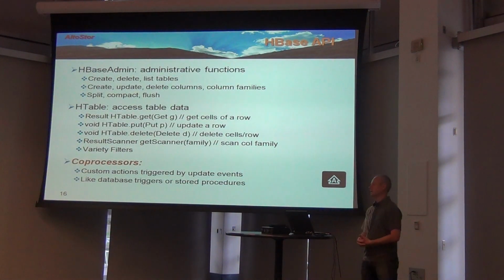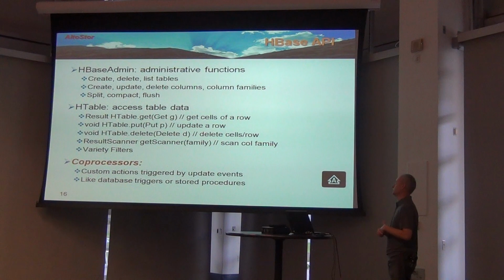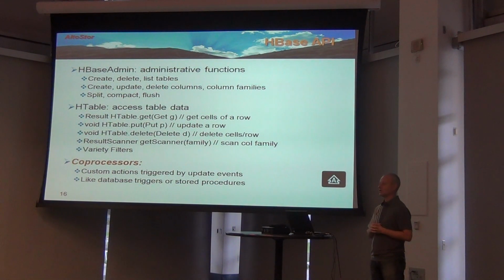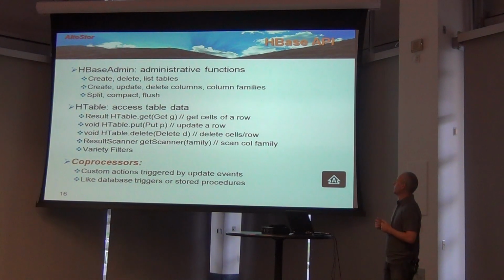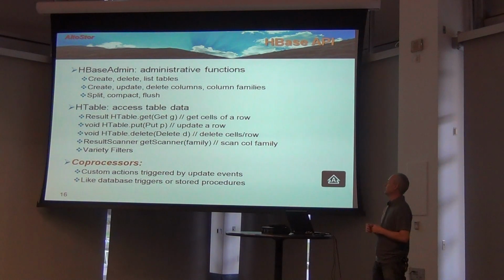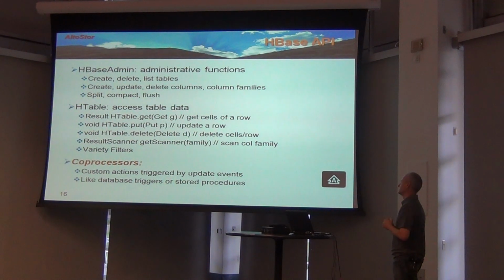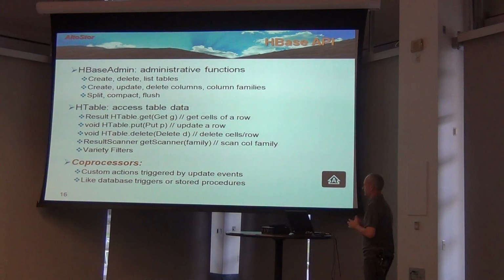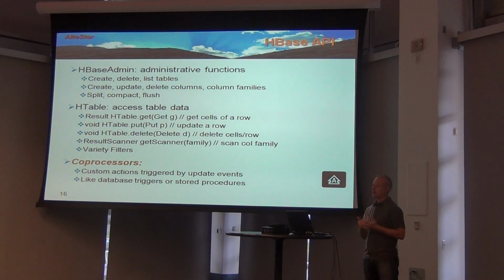The HBase API can be split into three main categories. First, the administration functions that are responsible for table management, creation, deletion, and some internal housekeeping, like splitting regions and compacting.